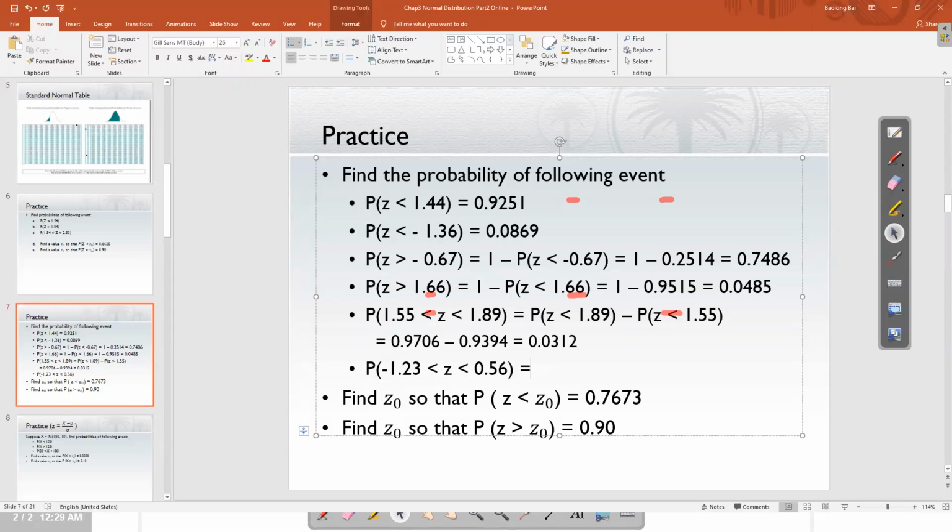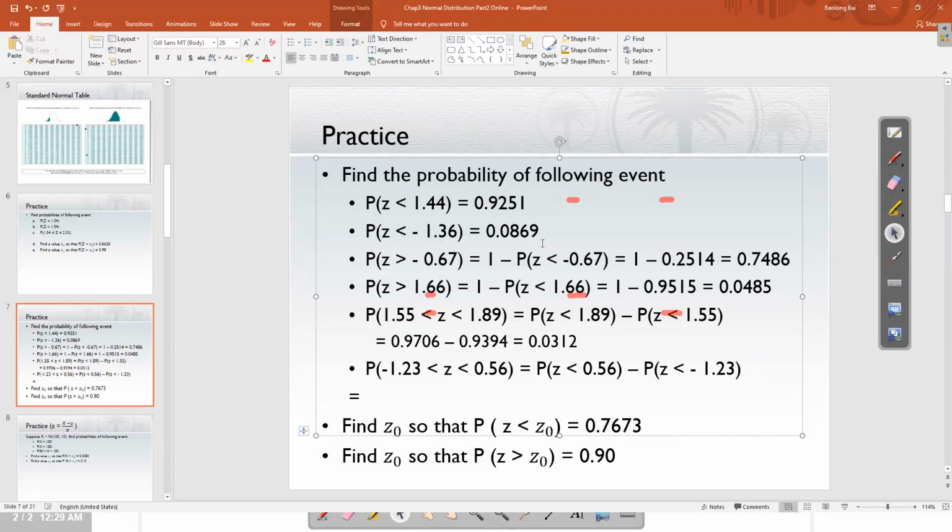And next one is very similar to the one we just did. In between, we need to convert it to be the difference of two less than events. So probability of z smaller than 0.56 minus probability of z smaller than negative 1.23, right?